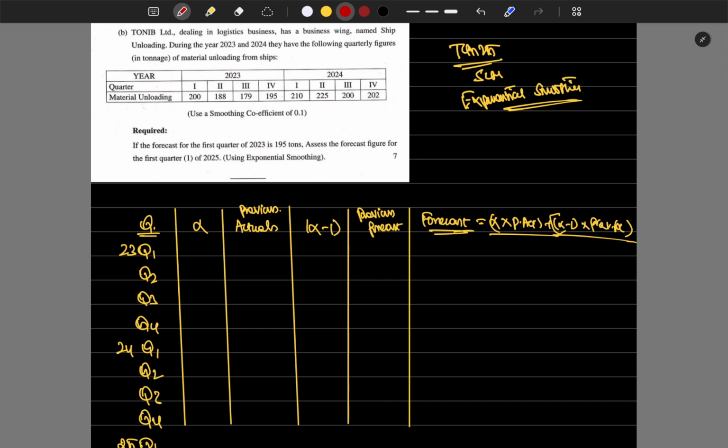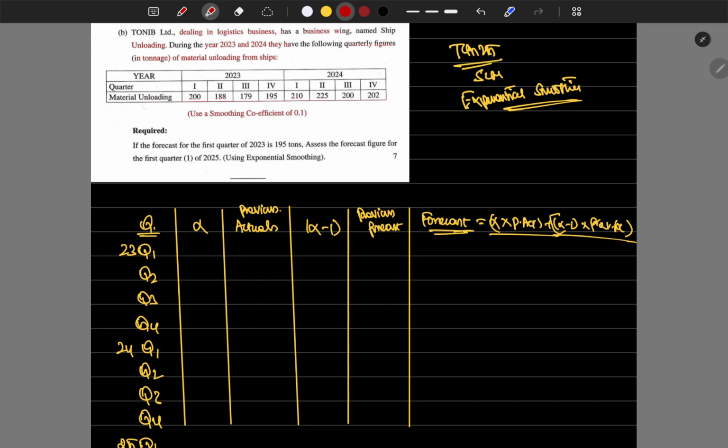Okay, let's quickly read the question. A company dealing in logistics has a business wing named ship unloading. During the year 2023-2024, the following quarterly figures in tonnage of material unloaded from ships are given.